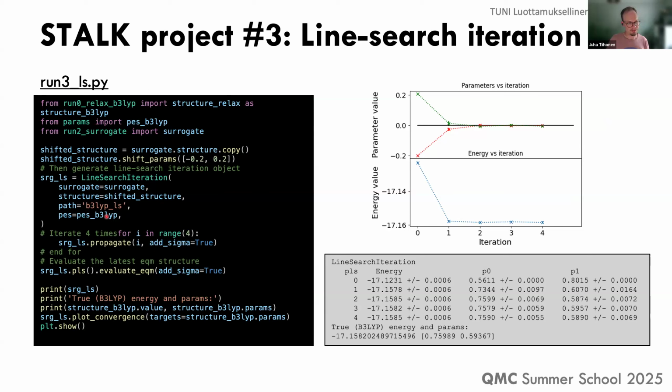And we propagate the line search 4 times, and this is the result. It basically converges almost at the first time, just almost, because the offset was quite sizable, but then it stays here. Of course, this is not really stochastic. This is just DFT plus noise, but it's a good tool to play around with.